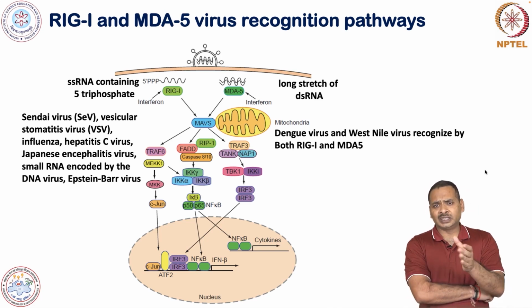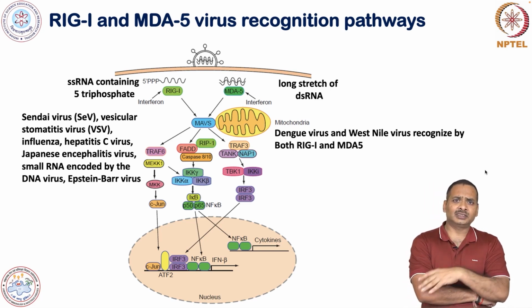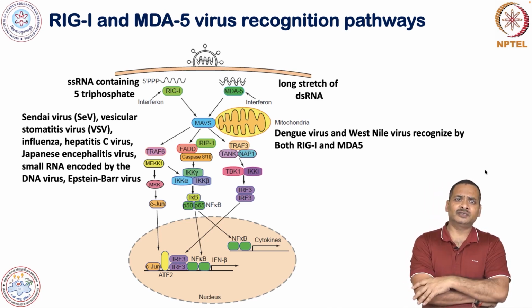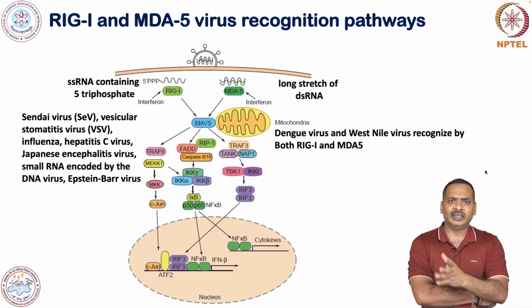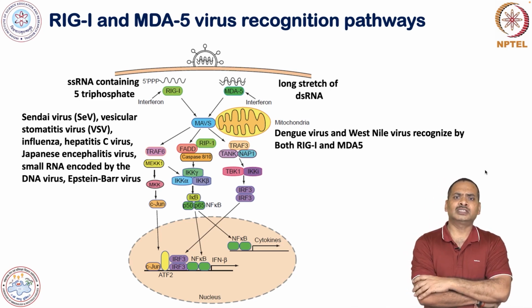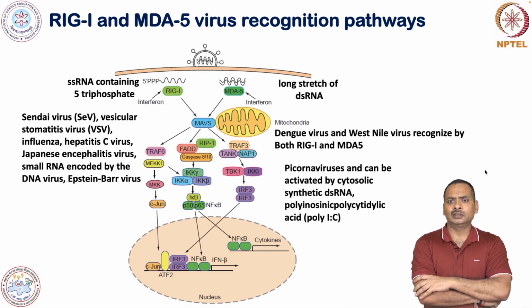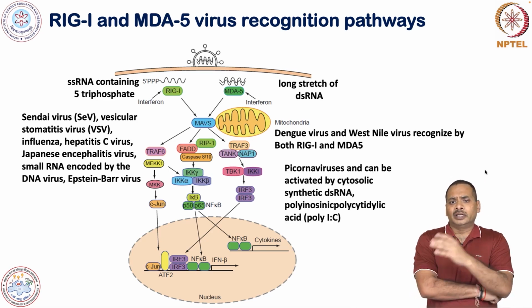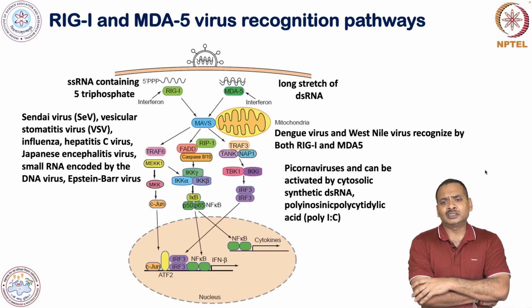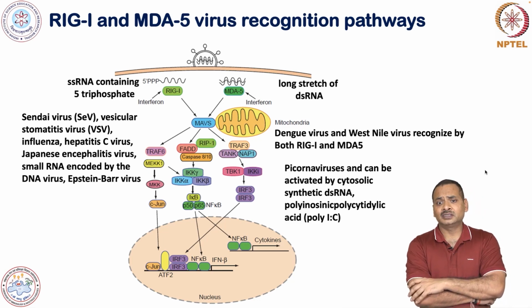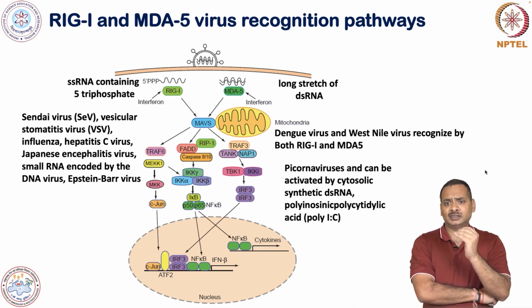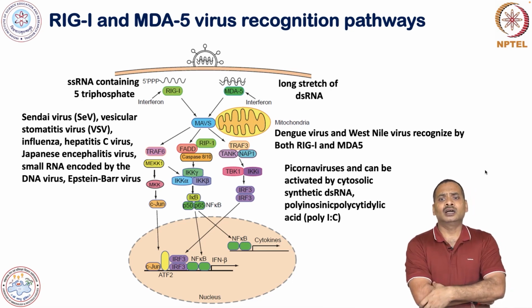Basically these two sensors, RIG-I and MDA5, sense these viruses, dengue as well as West Nile virus. MDA5 also senses the picornavirus and can be activated by cytosolic synthetic double stranded RNA.